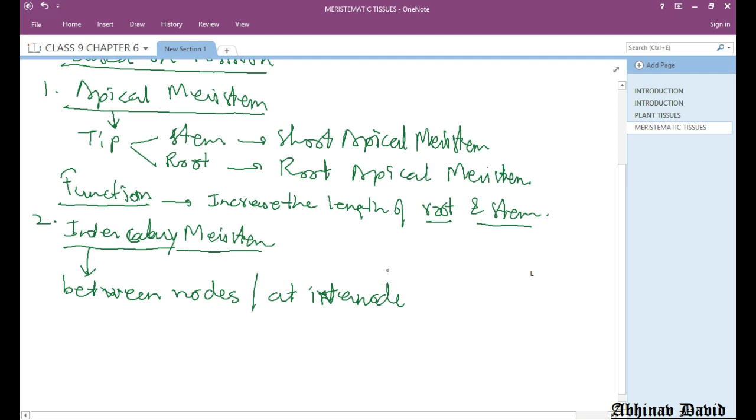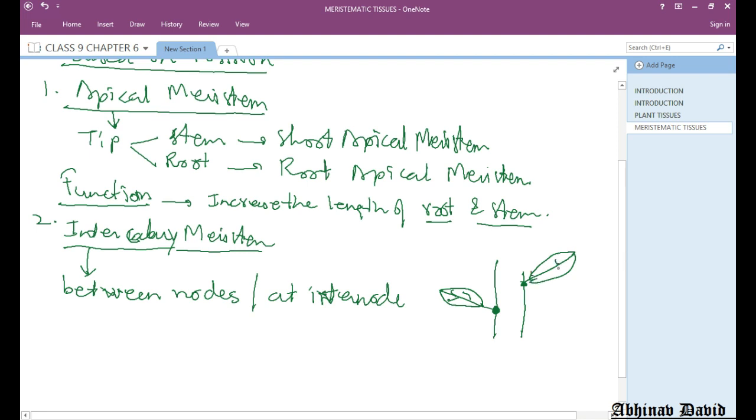Now what is a node basically in a plant? Suppose this is a plant, and from this place a branch or a leaf is growing. And there is a place again here, from this place also a branch or a leaf is there.